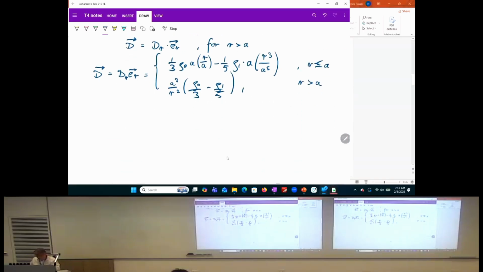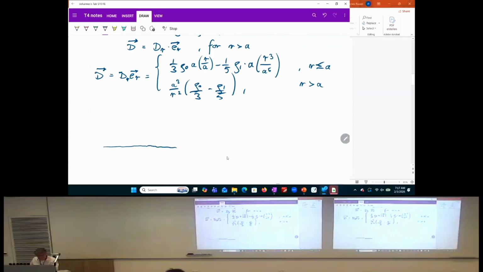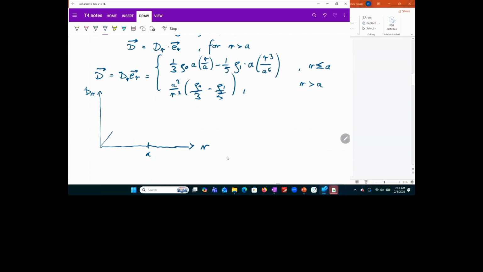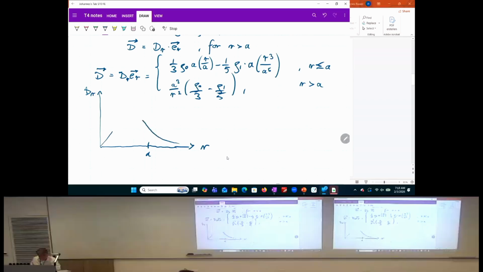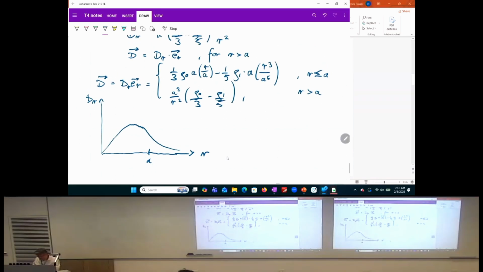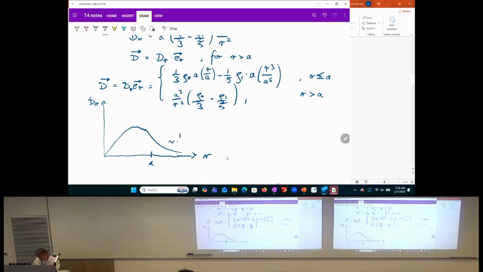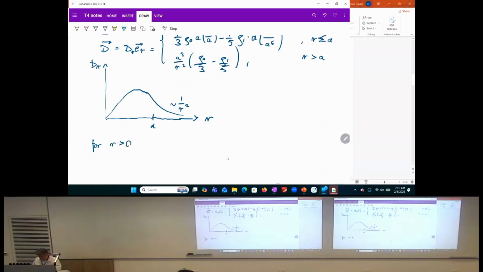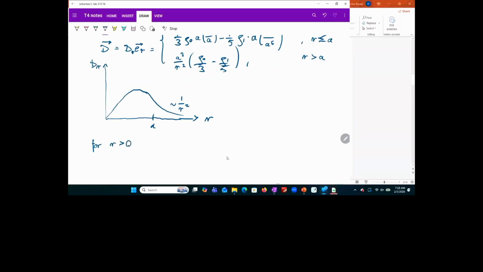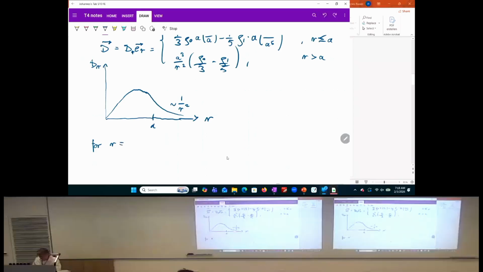So if you plot that, you get first the kind of linear part. Here's your A. In the far end, you get a decay of the field which is proportional to 1 over R squared. For R equal 0, you haven't integrated any charge, so your D field is also vanishing.